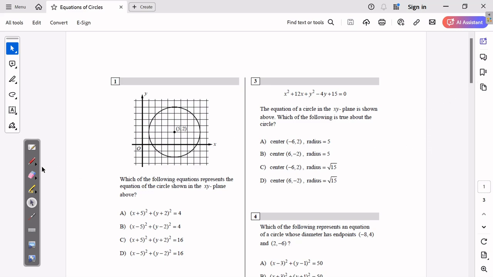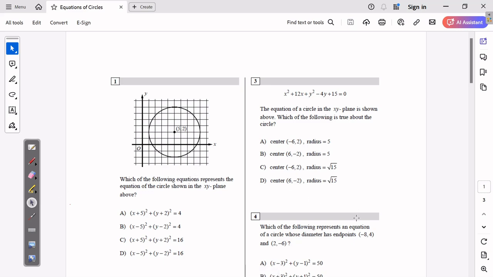For the first one I got D. That is correct. The second one I got C. C is correct. And for the third one I got A. A is correct.